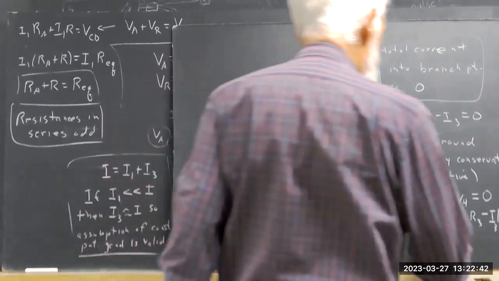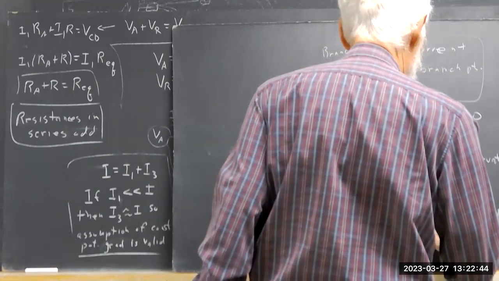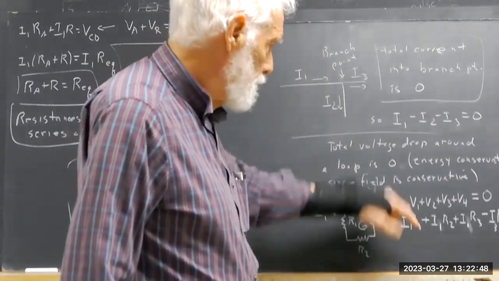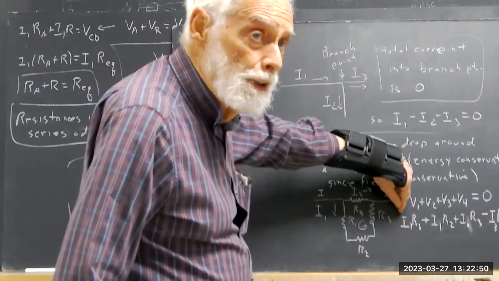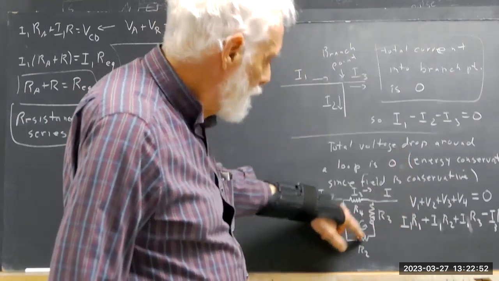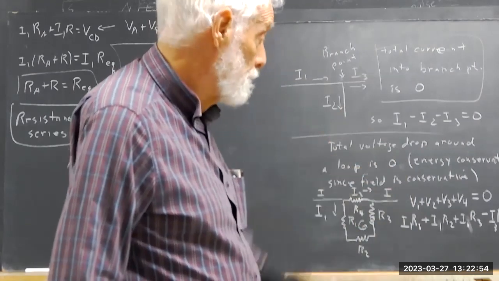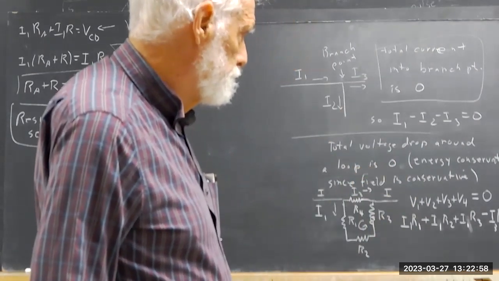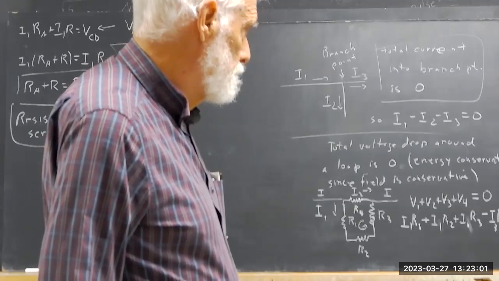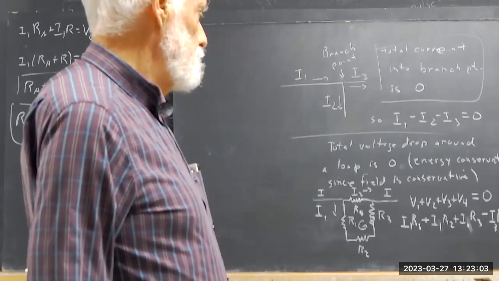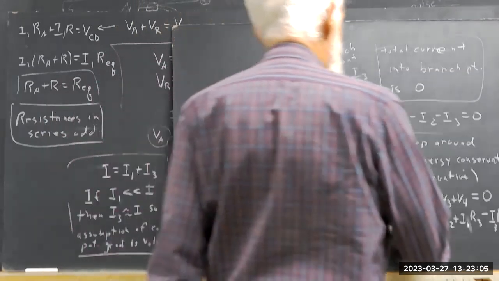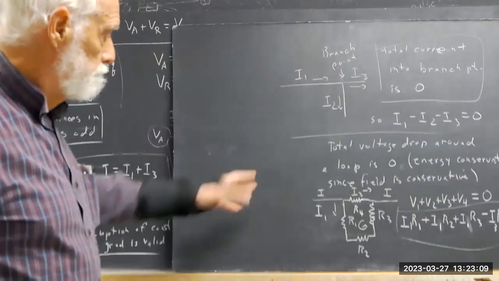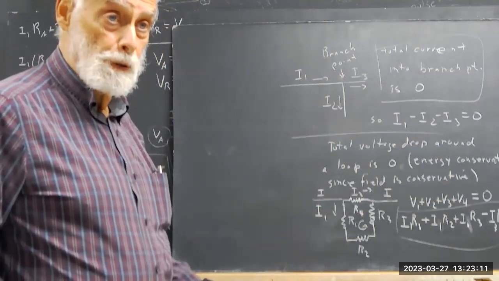And I don't know what I put, I1, I2, I3. Maybe that's the reason you look at me like I'm nuts, which is probably true. Okay, it's I1 here, I1 here, and I1 here. So that's how we would write all the voltage drops around the loop.